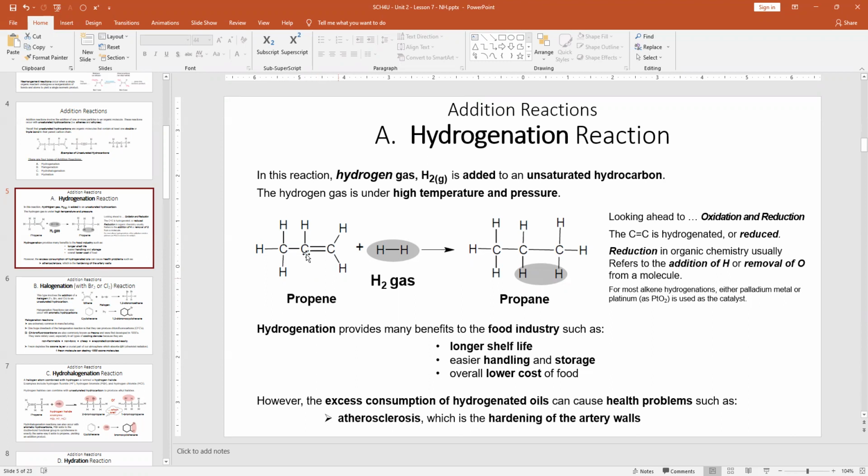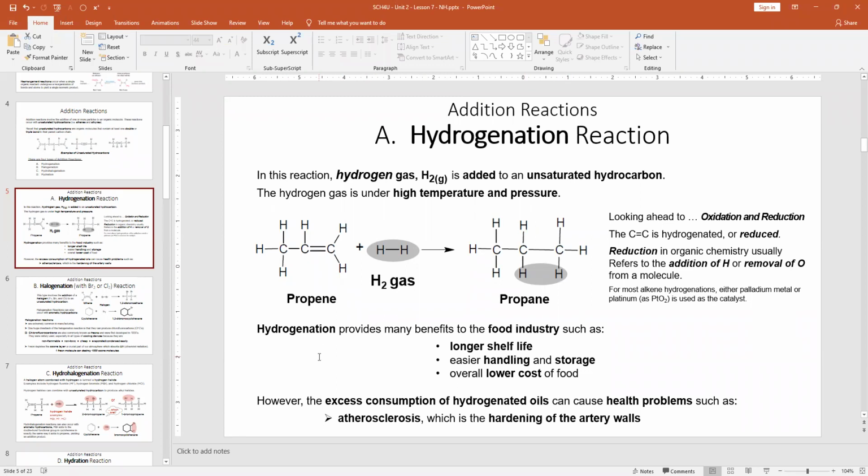It has a double bond, ene, so propene molecule. And hydrogen gas is being added to it under high temperature and pressure. And it results in a new molecule of propane. These 2 hydrogen atoms become incorporated, added to the propene molecule, resulting in propane.